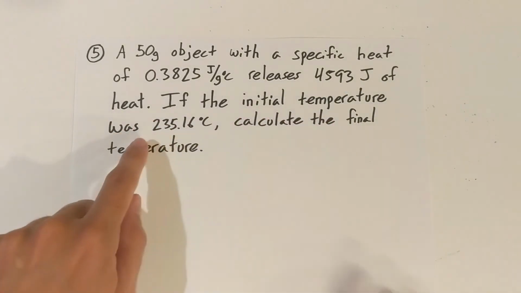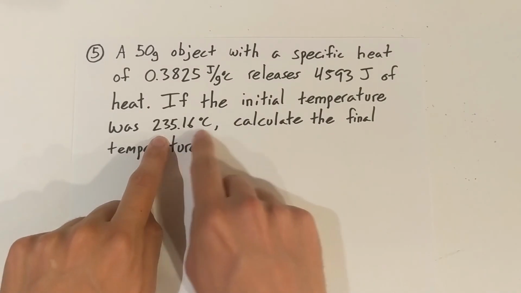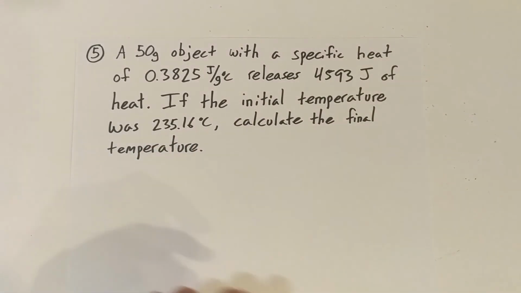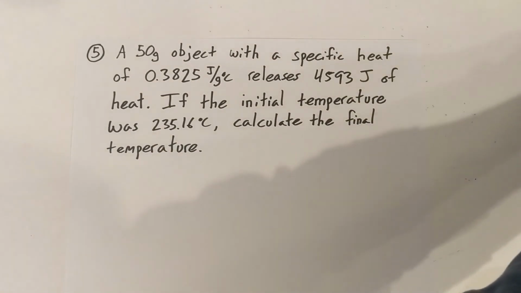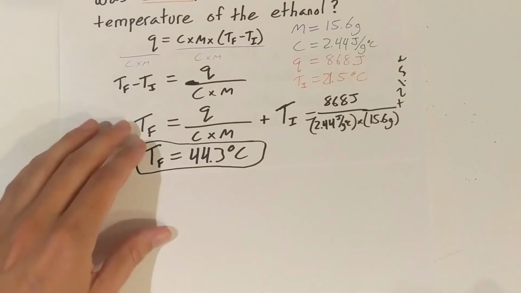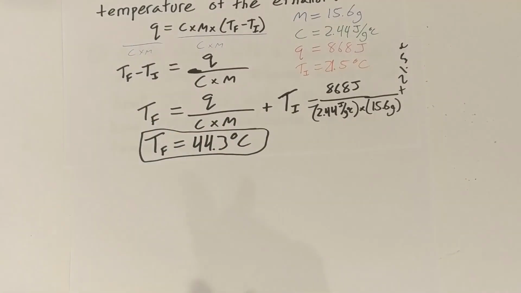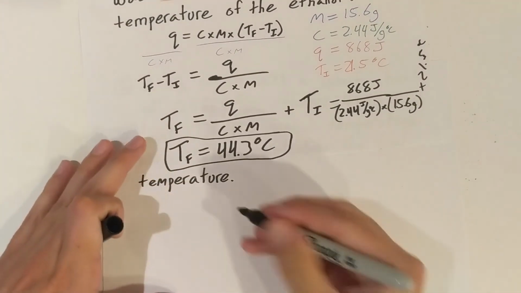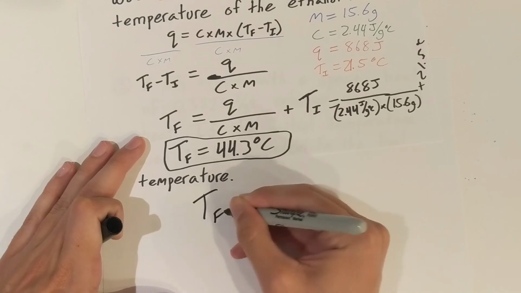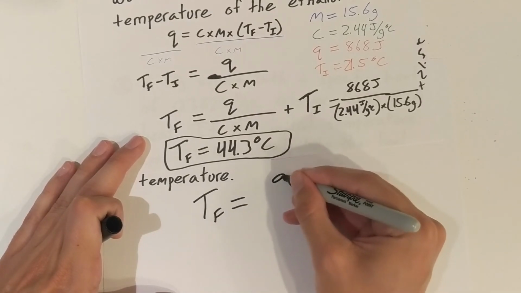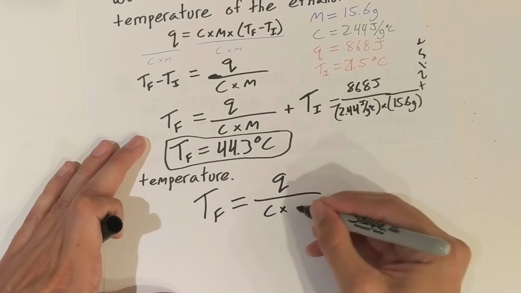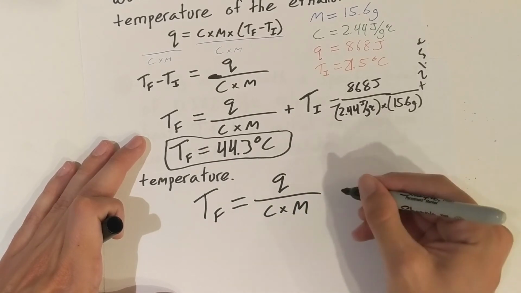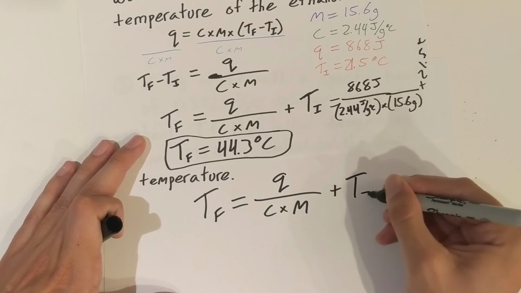If the initial temperature is 235.16 Celsius, calculate final temperature. So you can see, same type of problem. We're calculating final temperature. So I'm going to borrow the same thing that we've already worked out. Temperature final is equal to heat divided by specific heat and divided by mass plus our initial temperature.